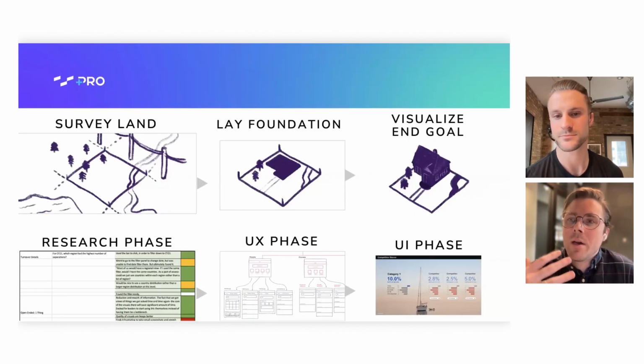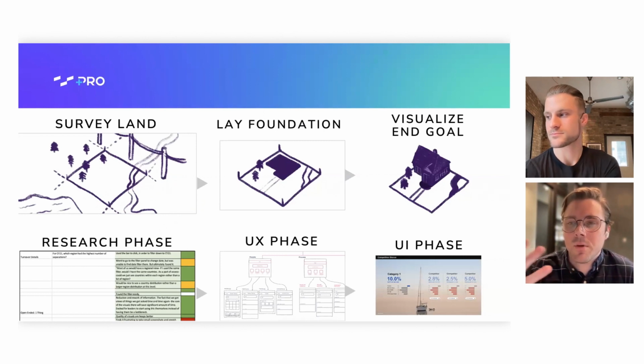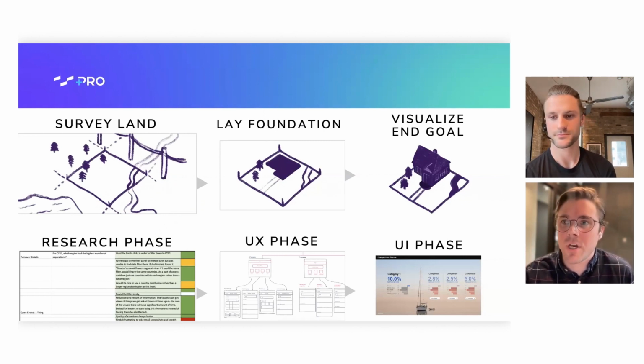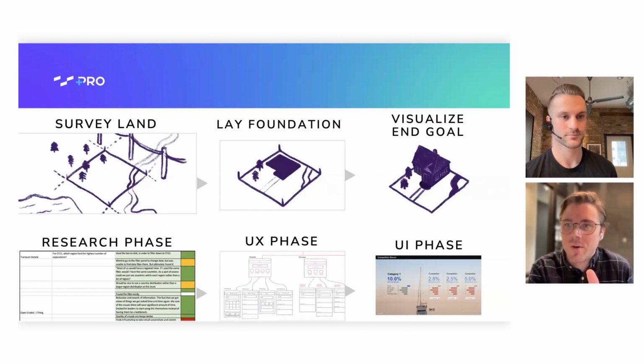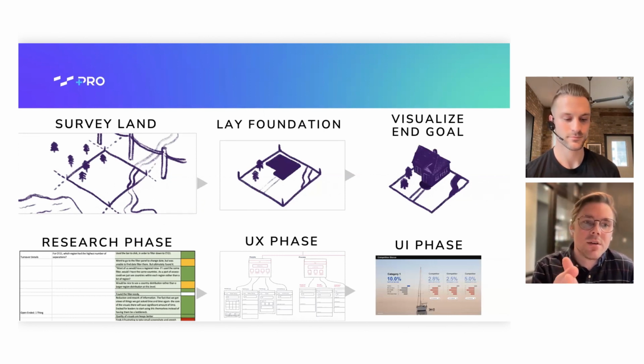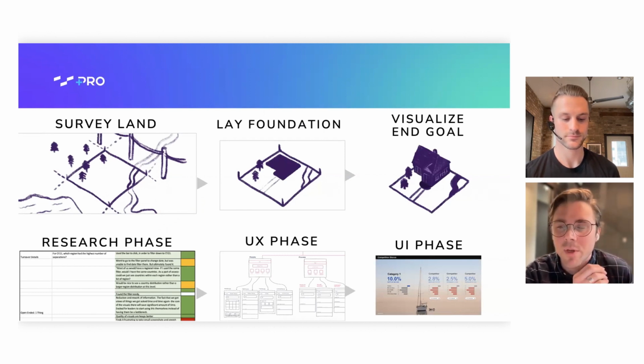This is how I pair this with the dashboard, honestly any design process, but it works really well for our dashboard design process. The design process, as far as I'm concerned, is a research phase, a UX phase, and a UI phase. In research, we're figuring out things about our users and the needs of the organization we're implementing this data solution in.